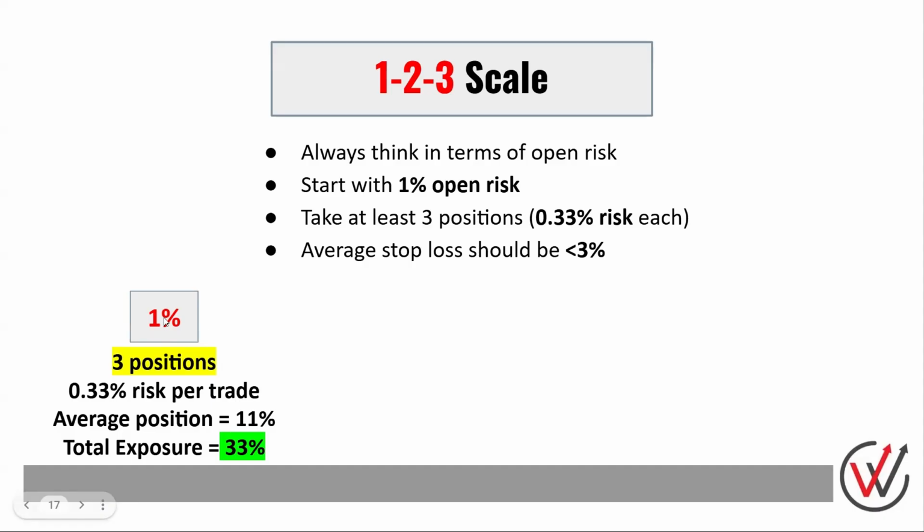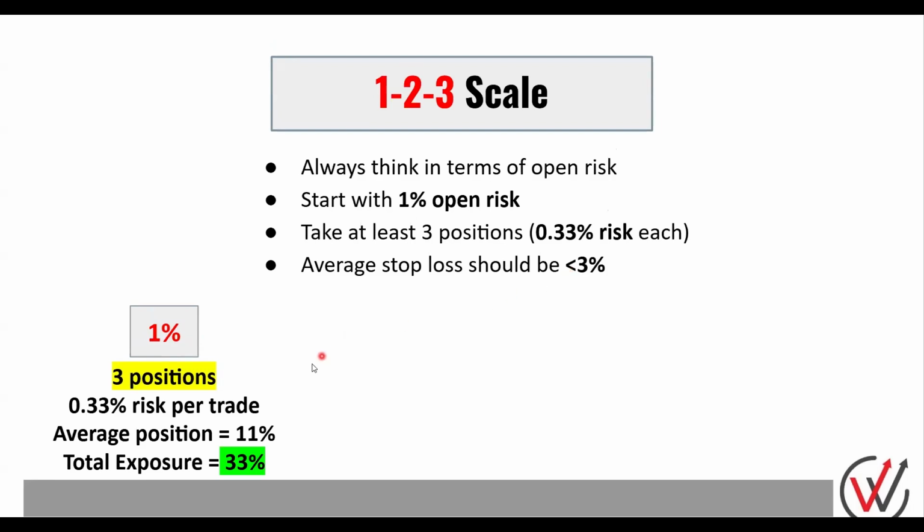But you start off with an open risk, divide that into 3, take multiple positions. Don't depend on one position. See, with only 1%, you're exposed 33%. Now imagine if your stop loss is less than 3%, if it is 2%, you would allocate 17% in one trade. How amazing is that? I'll show you again.